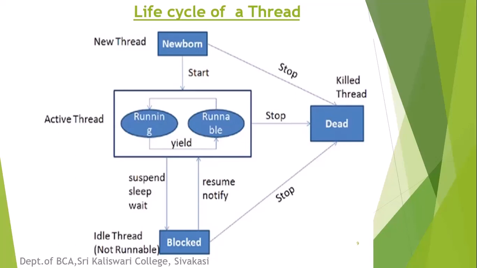Both are not available, so the processor asks the thread to go to sleep for some nanoseconds. For example, sleep 30 means the thread goes into the sleep state for some milliseconds.